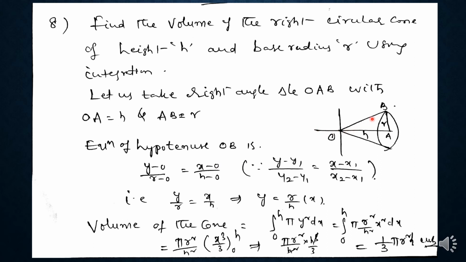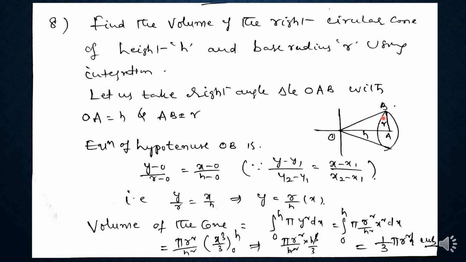By rotating the side of the right angle triangle about the x-axis, we will get the solid which is called a cone. Let us take the right angle triangle OAB here, with OA equal to h, the height of the cone, and AB equal to r, the base radius.